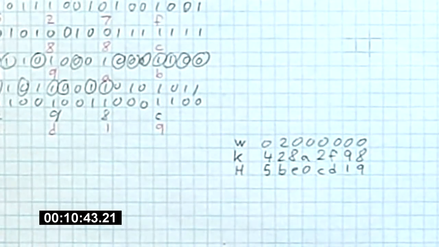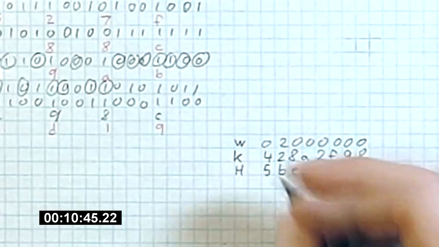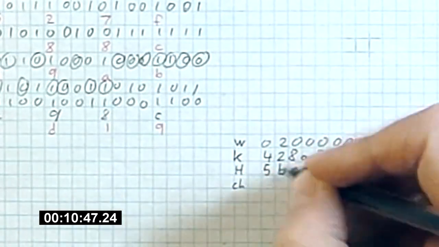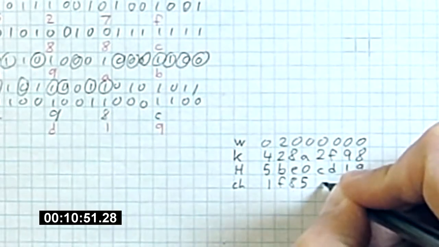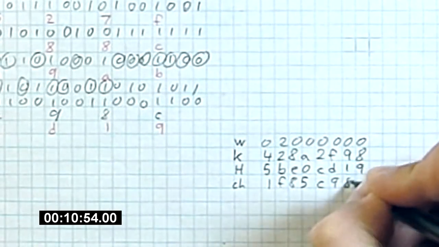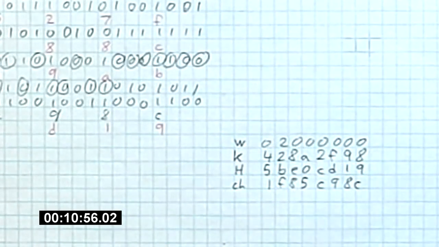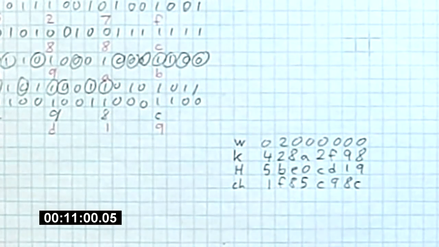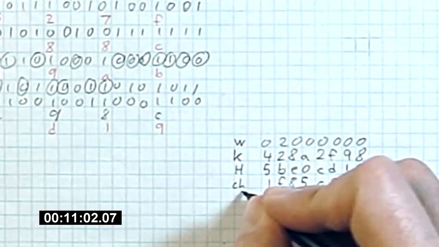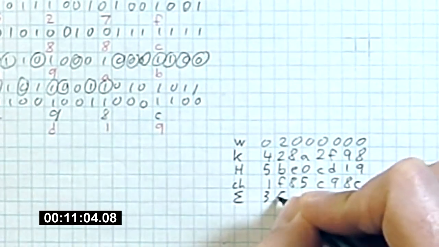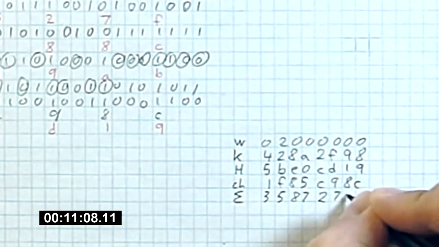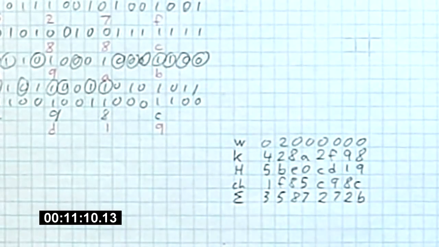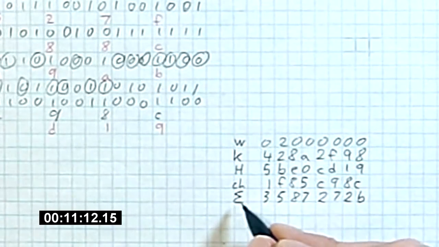We take our choice value we computed earlier up here, which was 1F85C98C. And we take our summation of E, which was 3587272B.